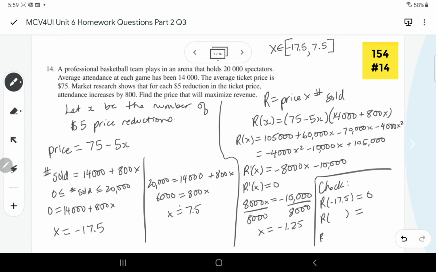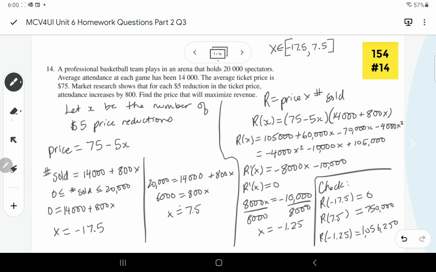So if that's 7.5, and then I'm going to check R at negative 1.25, which was my critical value that I found there. So going up into our revenue equation, I will put all of these in and figure out what the optimum one is.